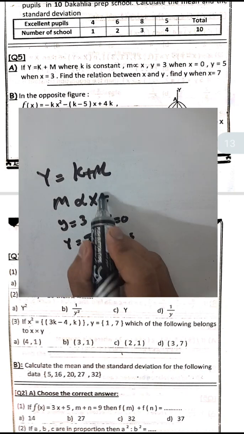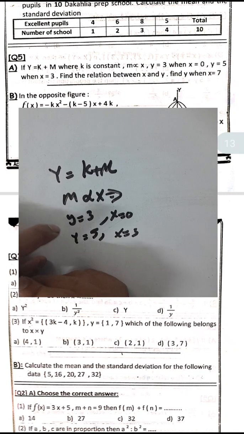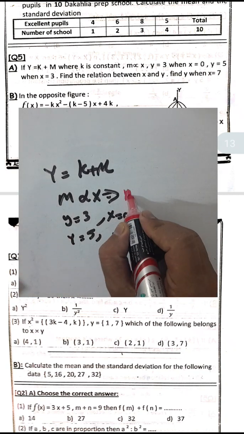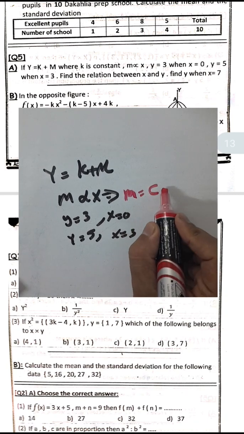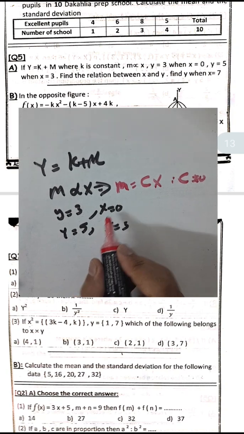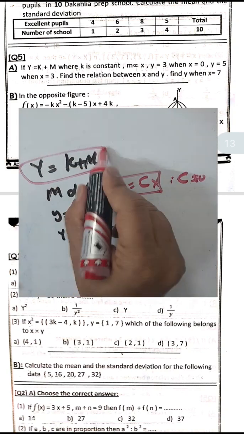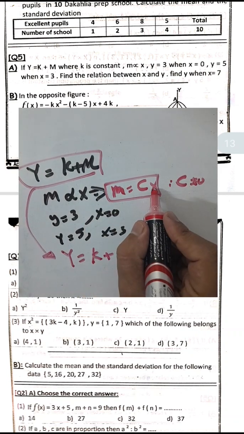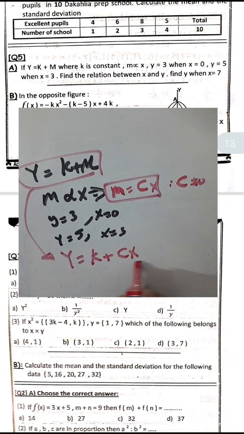From m and x, the relation means m equals c times x, where c is not equal to 0 and is constant. Put this relation: y will equal k plus m, and m here will be c times x.